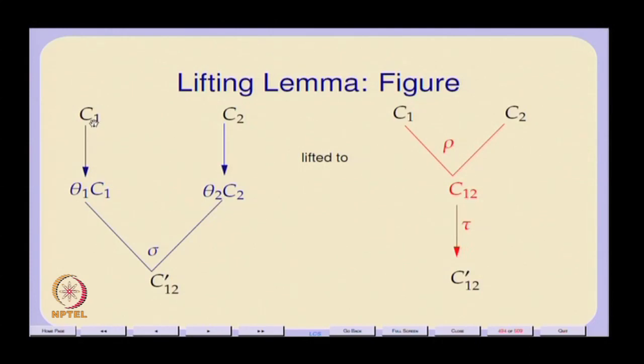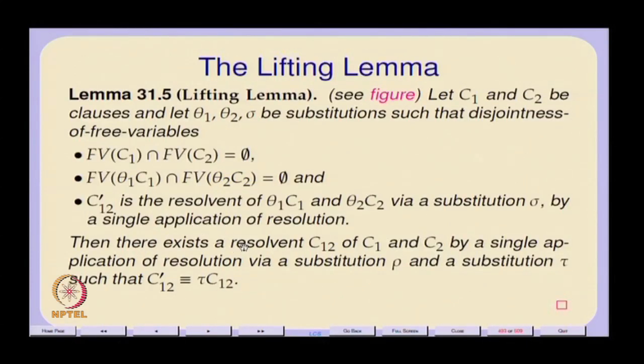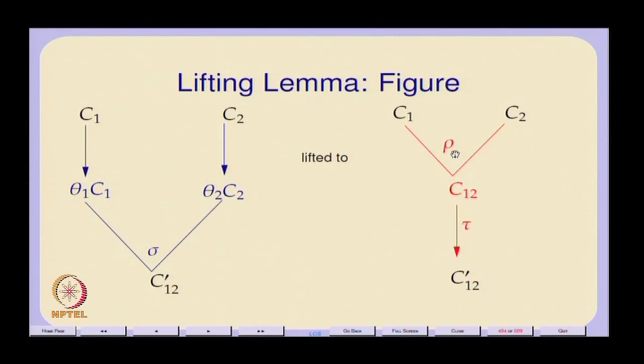The rest of C1 and the rest of C2, which were not involved in the resolution, you do the substitutions given in sigma. Now, since these two are disjoint in their sets of variables, what this lemma says is that it is possible for me to find a unifier rho which will resolve these two clauses without doing the substitution.